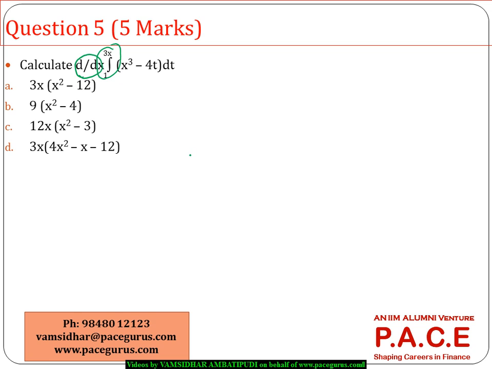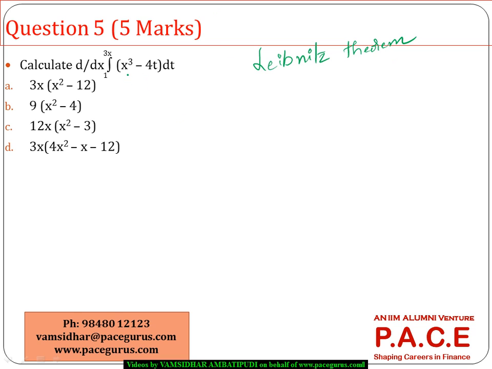When both of them are there, of course, you could solve the integration part and then easily come out with the values. But generally, in this kind of case where there is a derivative as well as integration, we can think of using the Leibniz theorem, and we can try to solve.